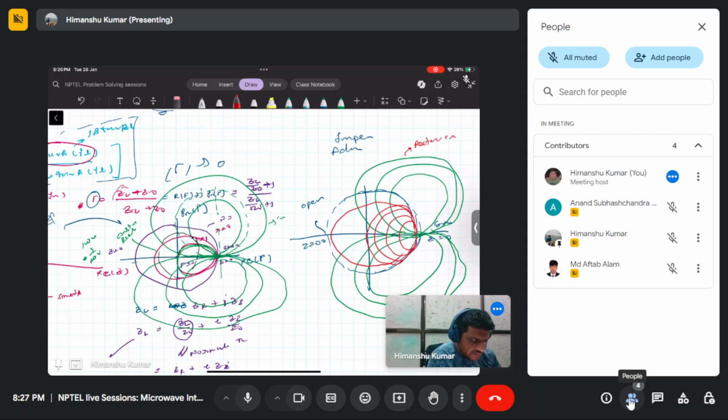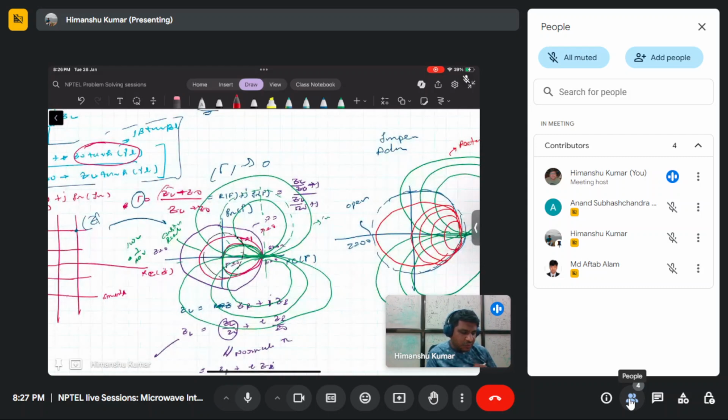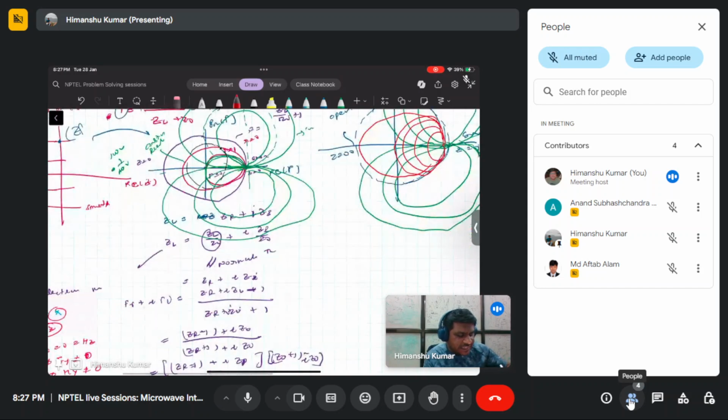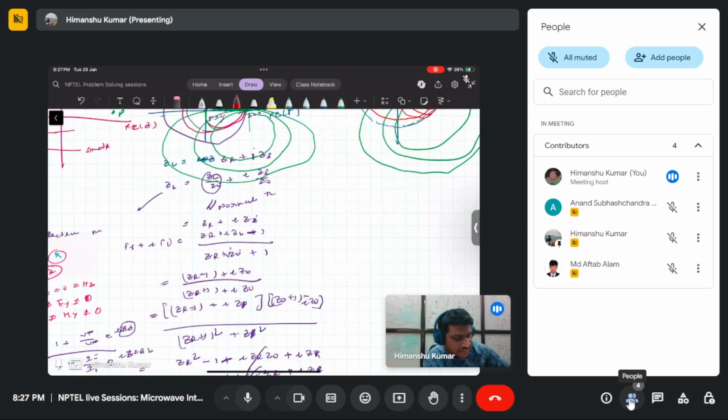Actually, this is a very simple derivation. To draw the reactance circle, to do the mapping from Z to L, you need to normalize this equation and find ZL and Z naught in terms of your reflection coefficient. To derive the exact equation of the Smith chart, gamma equals ZL minus Z naught divided by ZL plus Z naught, and ZL can be any complex number.